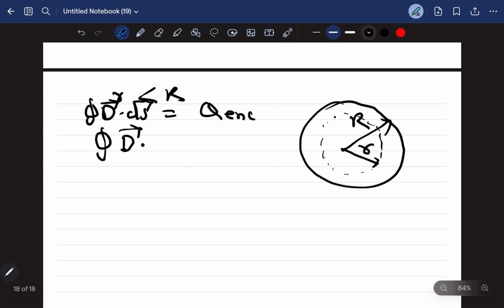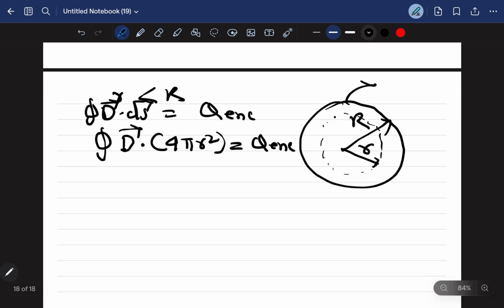The closed integral over dS will be equal to 4 pi r square, the sphere surface area, equal to q enclosed.